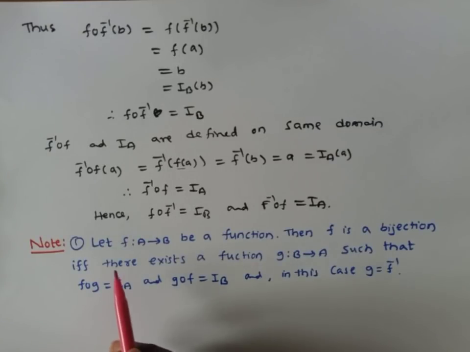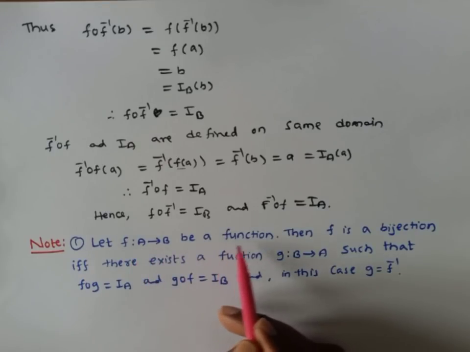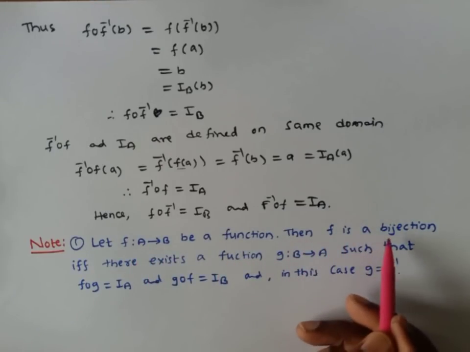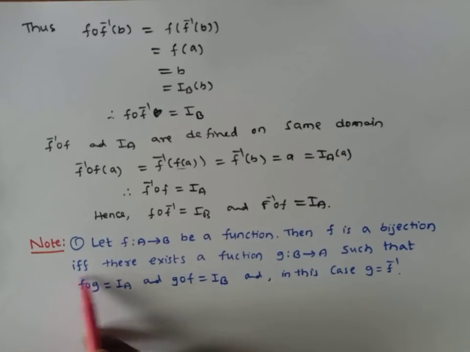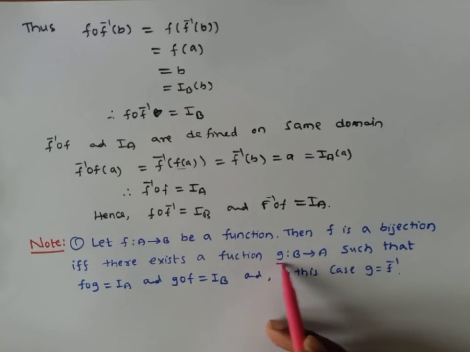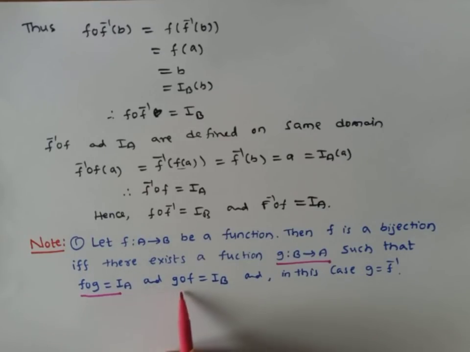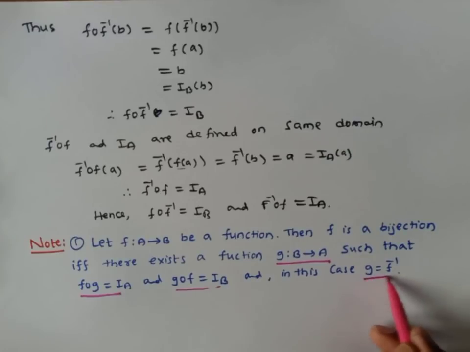Note number 1: let f from A to B be a function. Then f is a bijection if and only if there exists a function g from B to A such that f compose g is I and g compose f is I. In this case f and g are inverse to each other, or we can express this as g equals f inverse, or f inverse equals g.